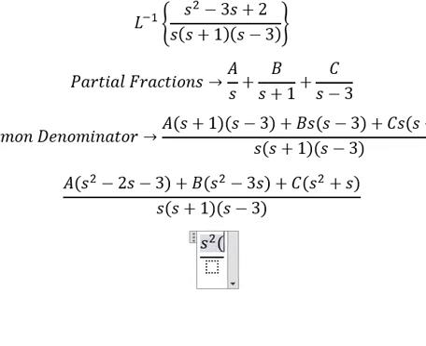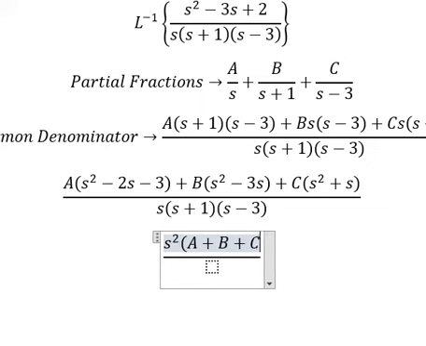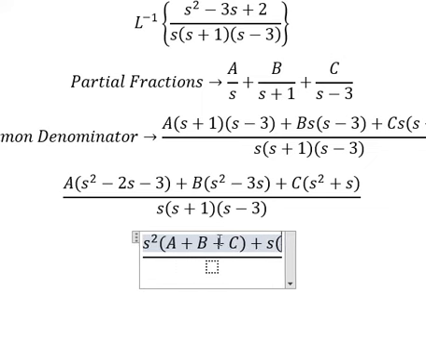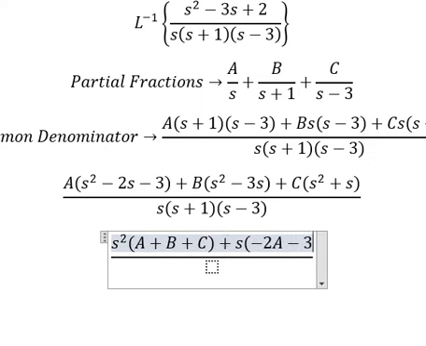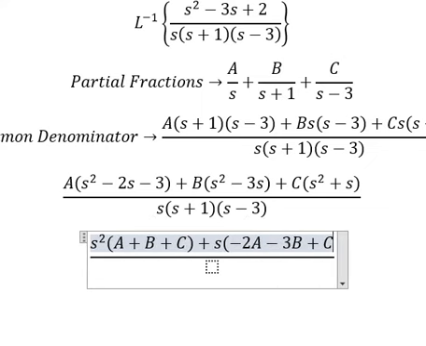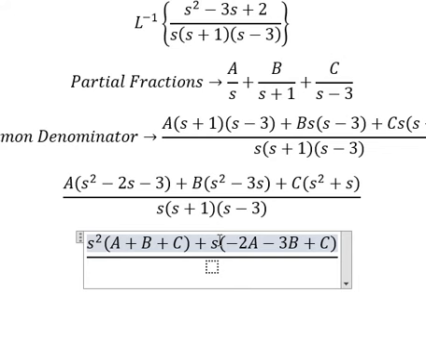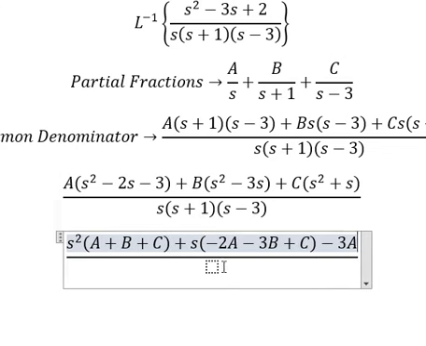About s square, we have a plus b plus c. About s, we have negative 2a, negative 3b, and c. About the number, we have negative 3a.